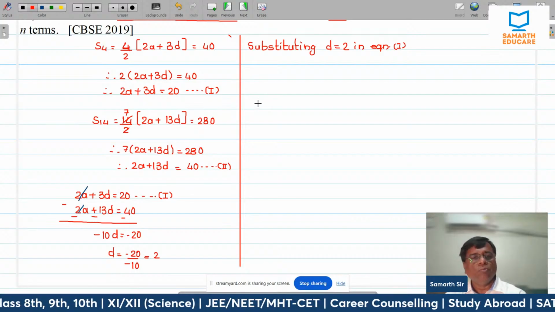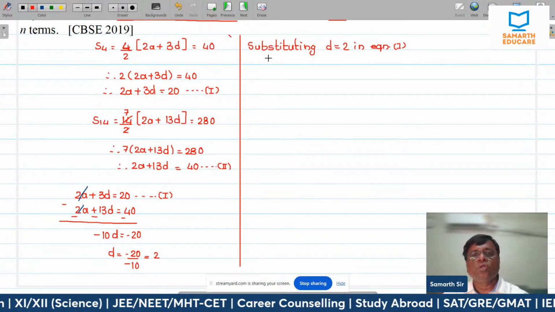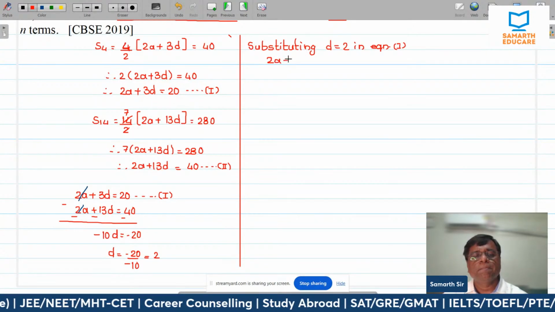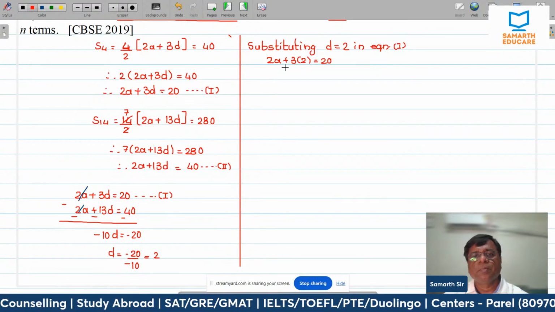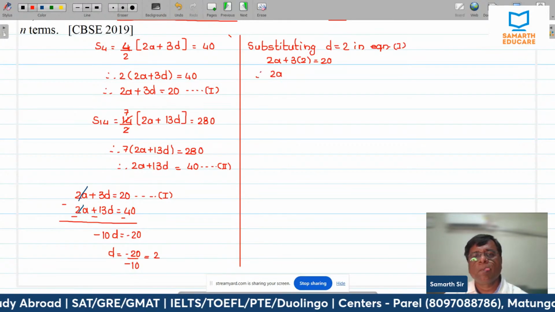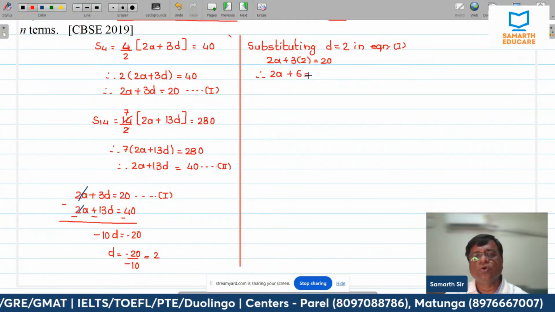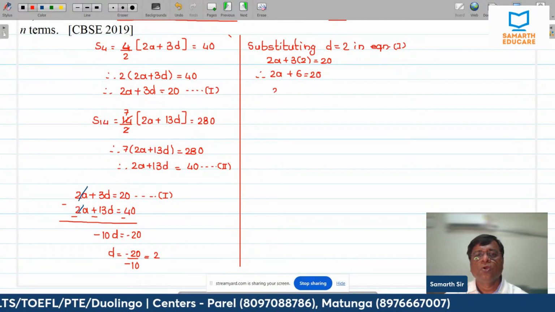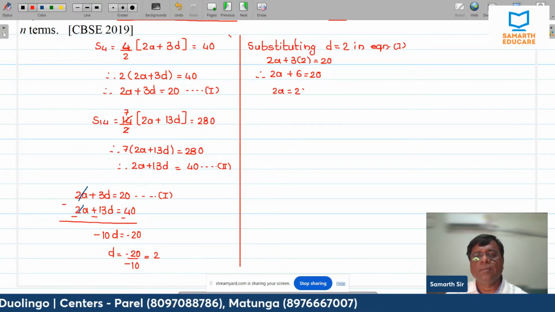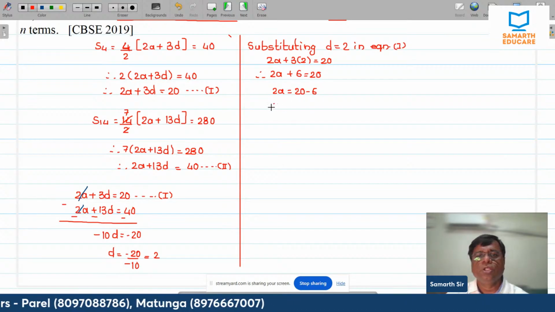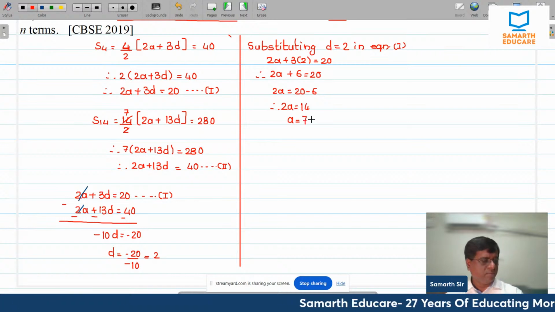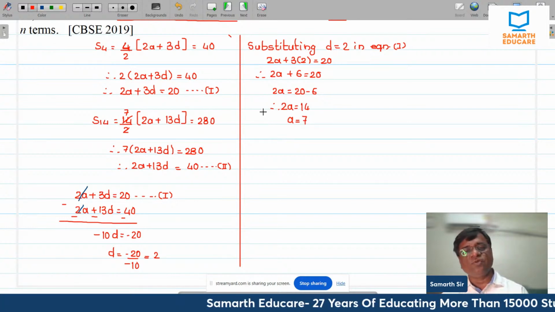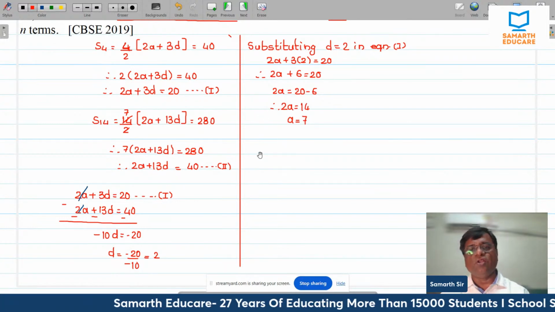Now, if we substitute in equation 1, 2a plus 3d is equal to 20. So we have 2a plus 6 is equal to 20. 2a is equal to 20 minus 6. Therefore, 2a is equal to 14 and a is equal to 7. So we get the value of a, we got the value of d.